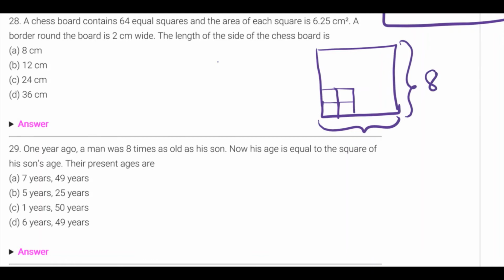So it's a chessboard of 8 by 8 squares, and around this there is a border which is 2 cm wide.